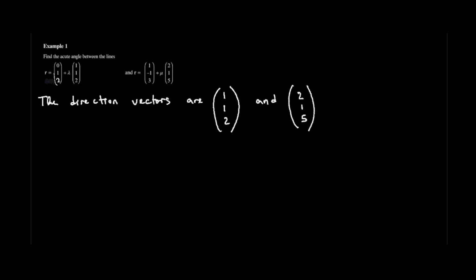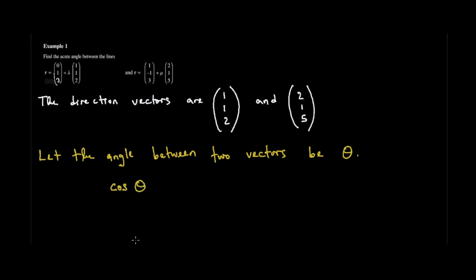Then what we should now know is, let us say, let the angle between two vectors be theta. And the formula we use to find the angle between two vectors is cos theta equal to the dot product between the direction vectors.